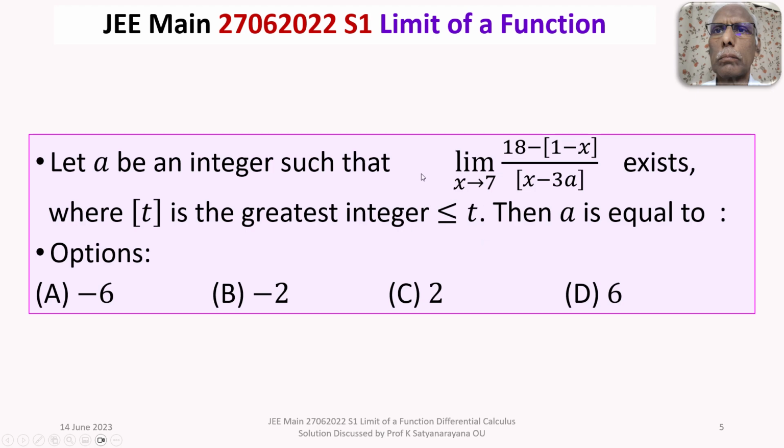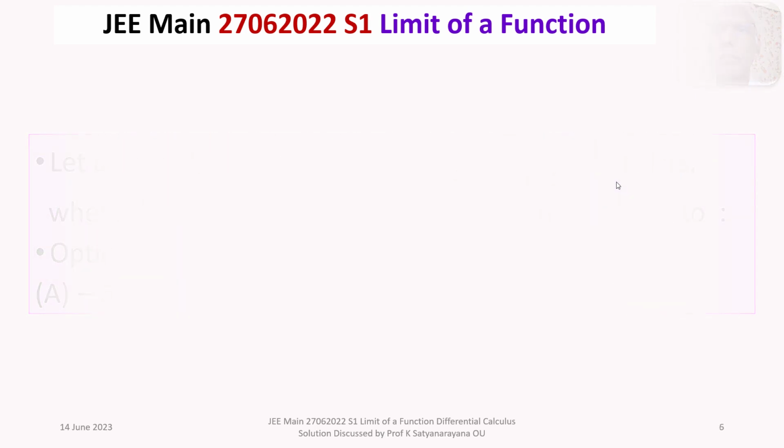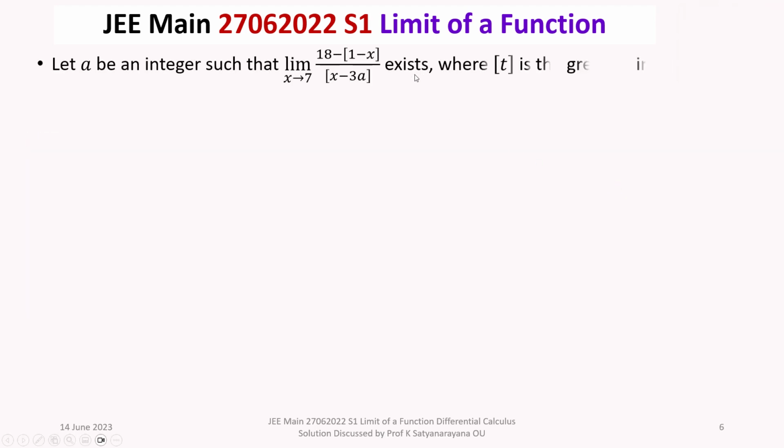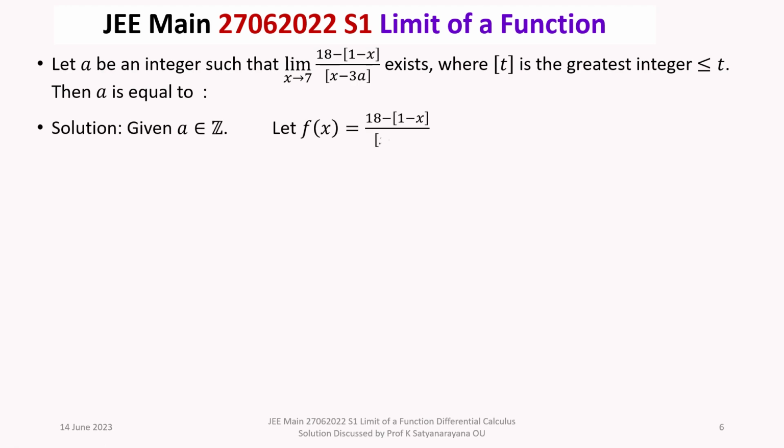So we have to find the limit as x tends to 7 of this function, which involves the bracket function, that is the greatest integer function. That's the given question to us. Let's now discuss the solution of the problem in detail.